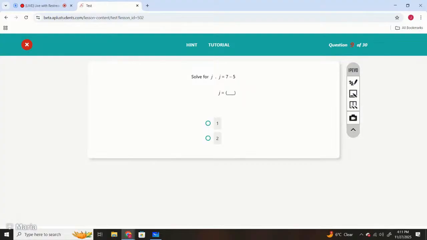Solve for J. J is equal to 7 minus 5. 7 minus 5 is 2. So J equals 2. Option number 2 is the correct option.